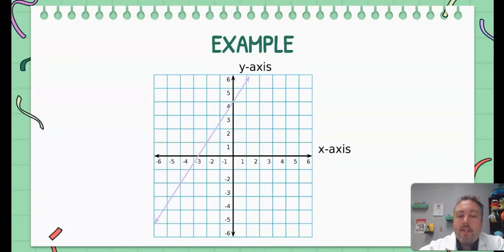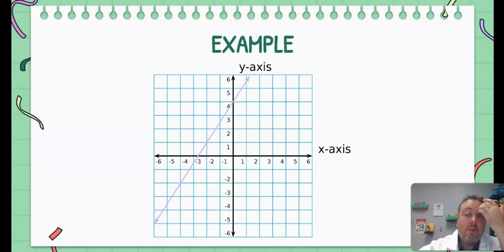So here we have an example. I have my line on my coordinate plane, and I'm looking for 2 spots where my line crosses grid lines. Now, I have some options here. Looks like -4, -2 could be a good option. -2, 1 could be a good option.